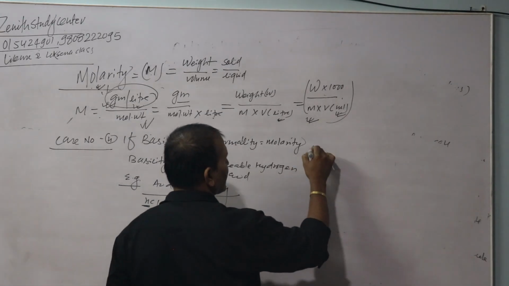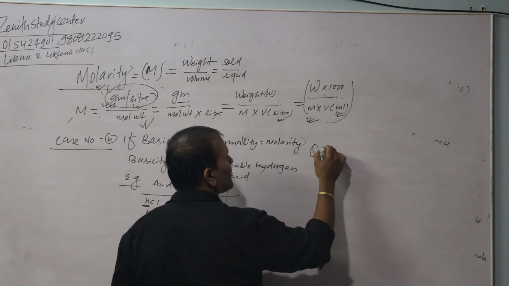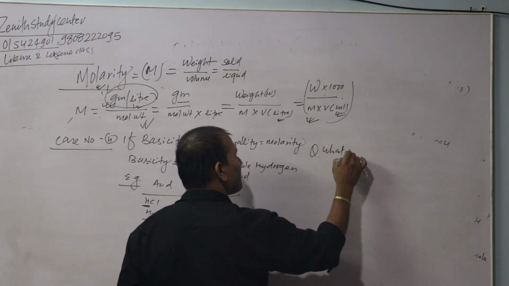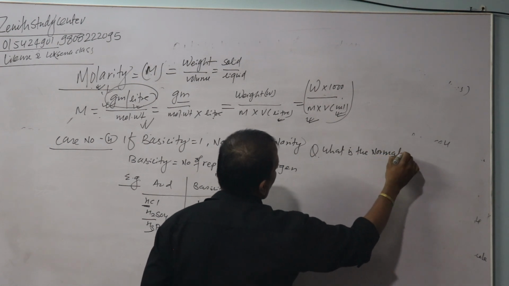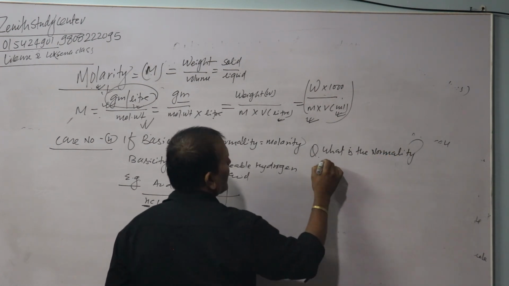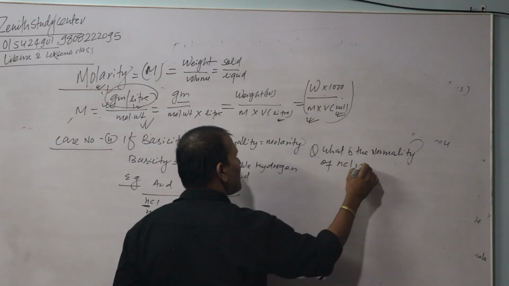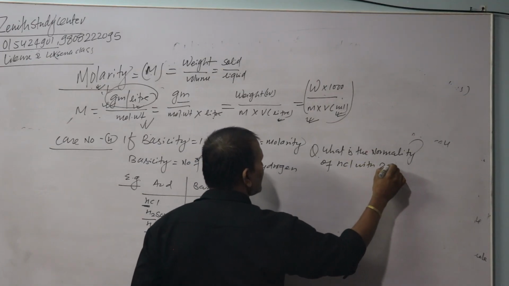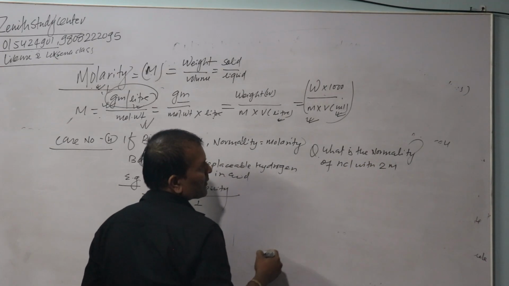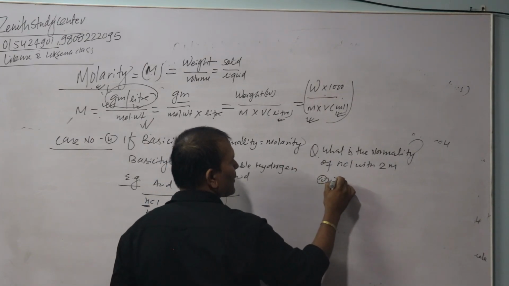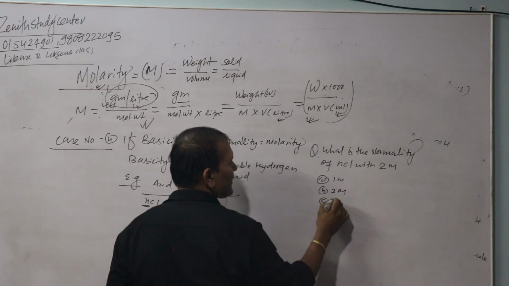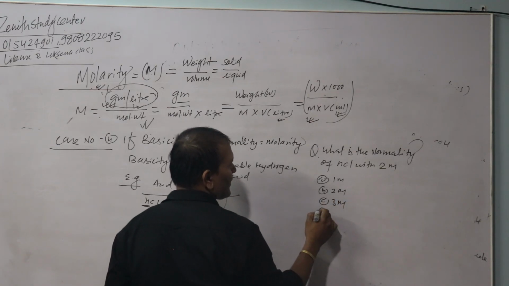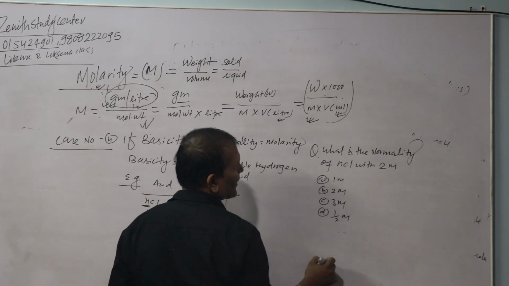Suppose the question asks, what is the normality of HCl with 2 molar? Option A, 1 molar, B, 2 molar, C, 3 molar, D, 1 by 2 molar.